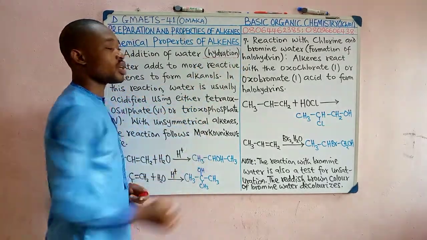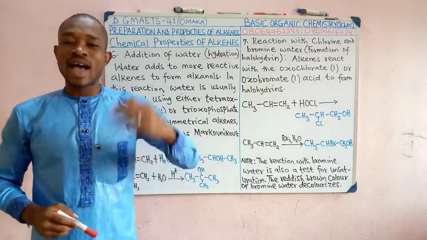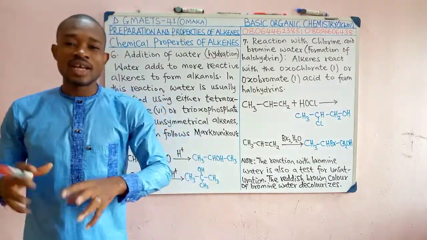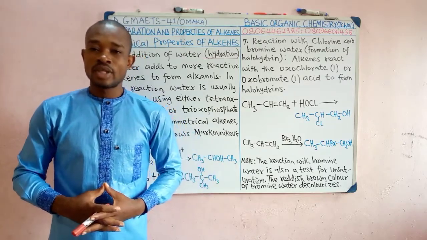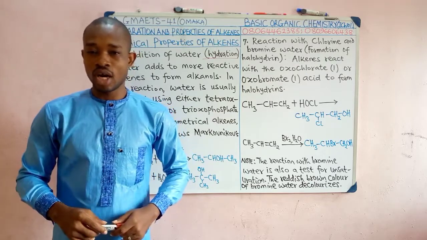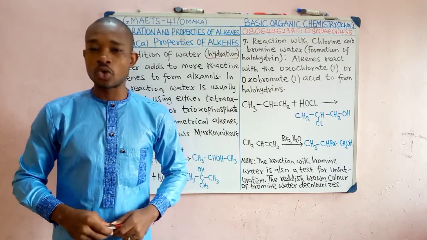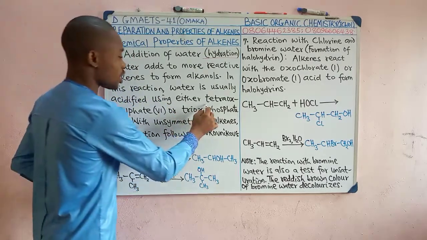The reaction process is known as what? Hydration. This reaction takes place by acidifying water and then reacting it with alkanes. The acid used in this case is either tetraoxosulfate 6 or trioxophosphate 5 acid to acidify the water.